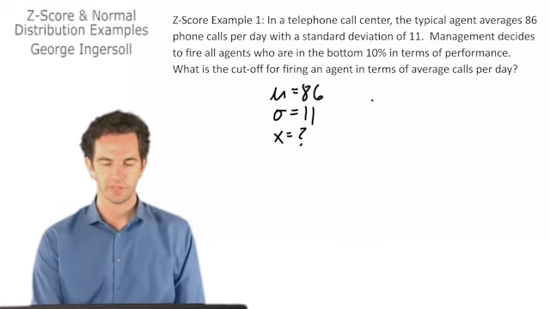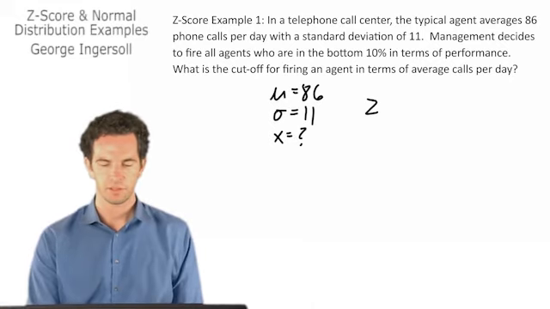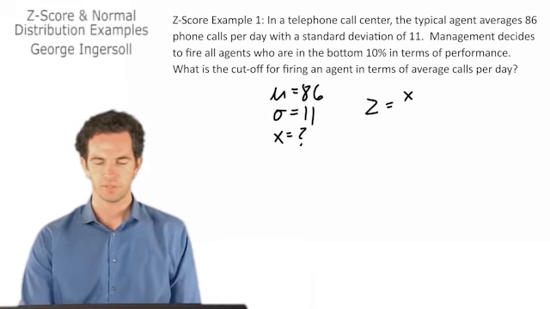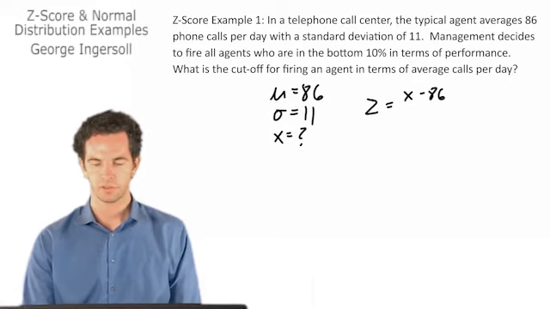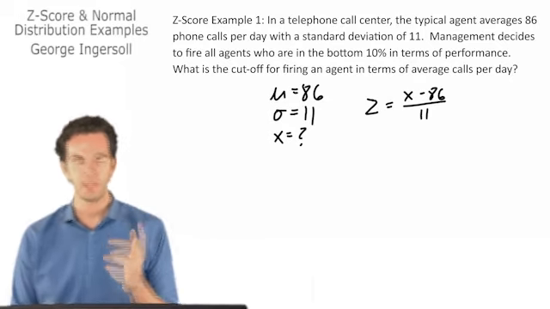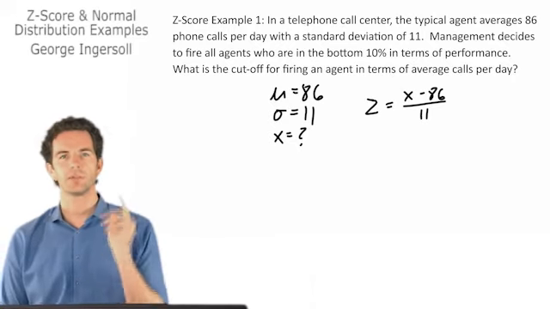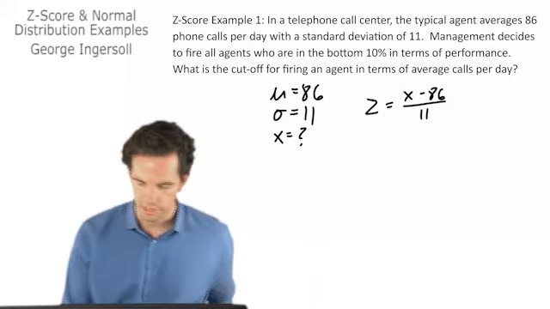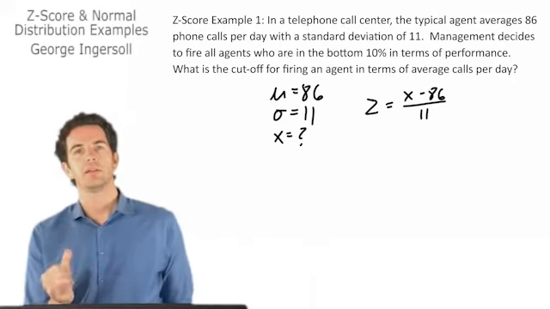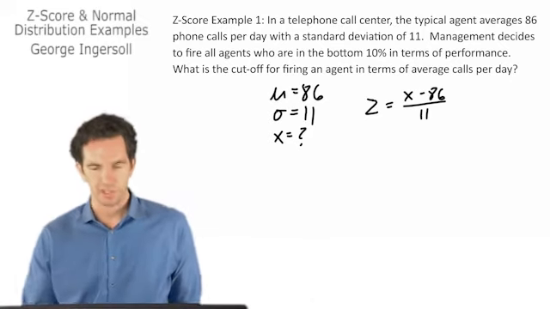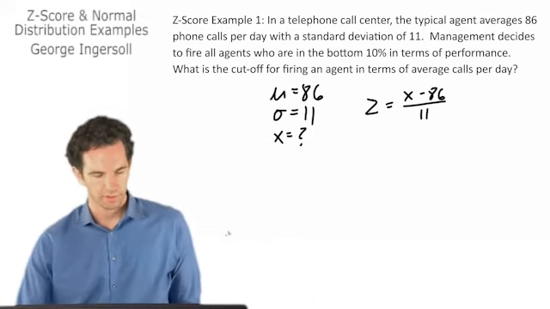So I'm going to write this down real quick. We have z equals x minus 86 divided by 11. And we need to figure out what that z value is. And we can figure out what the z value is by converting it. Like I said, z-scores are interchangeable with probabilities.